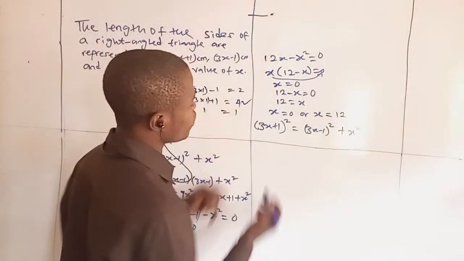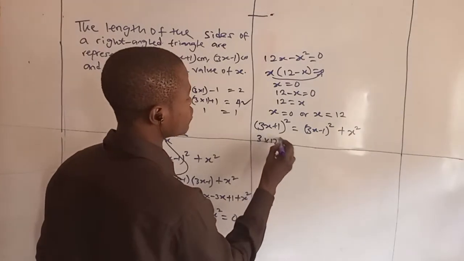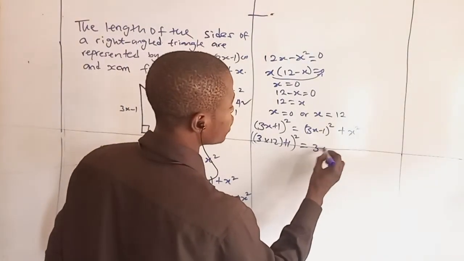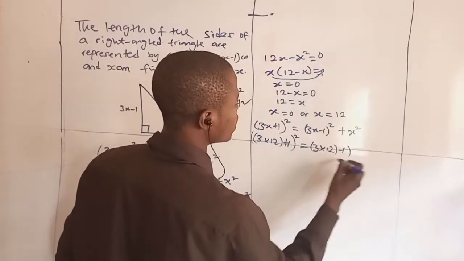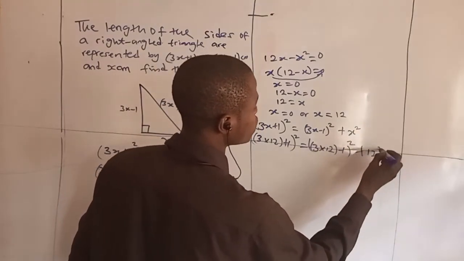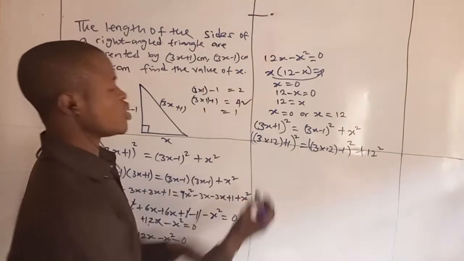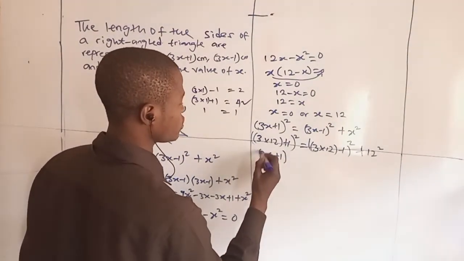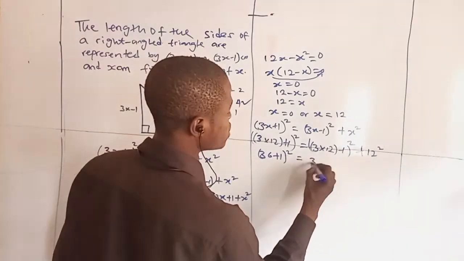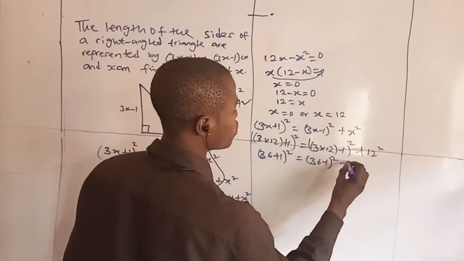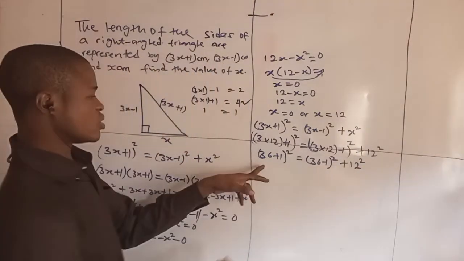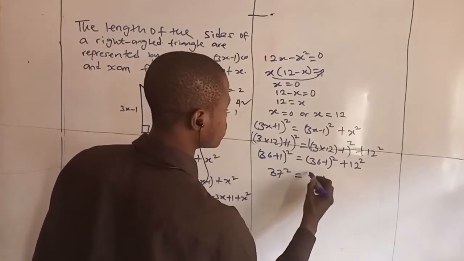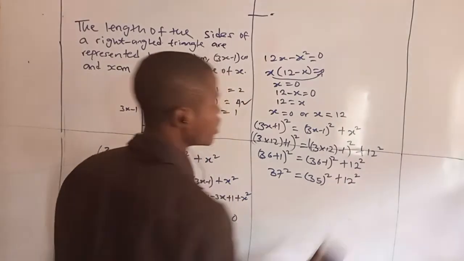If I substitute 12 here, I have 3 times 12 plus 1 squared equal to 3 times 12 minus 1 squared plus 12 squared. This 3 times 12 gives us 36. So 36 plus 1 squared equal to 36 minus 1 squared plus 12 squared. This is 37 squared equal to 35 squared plus 12 squared.